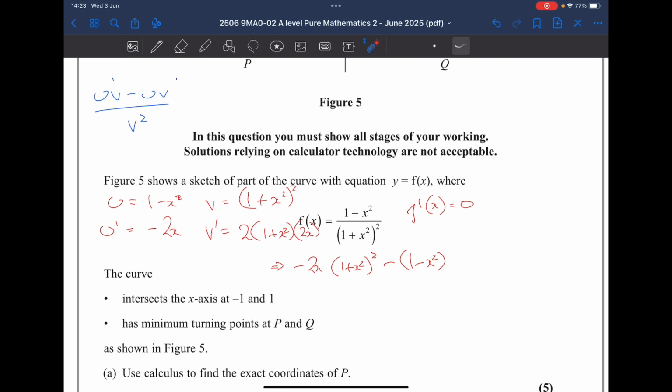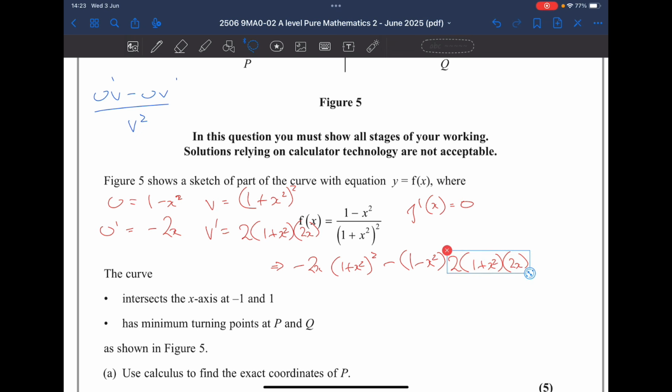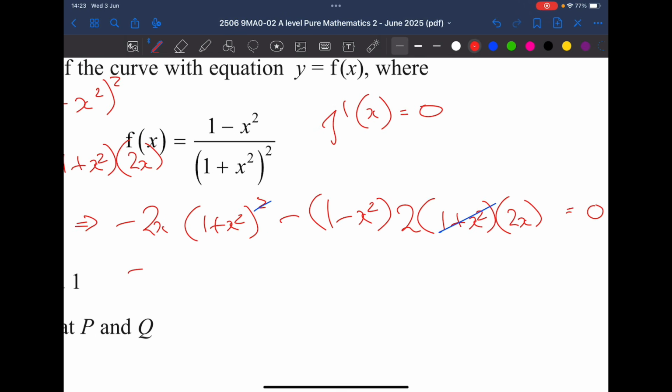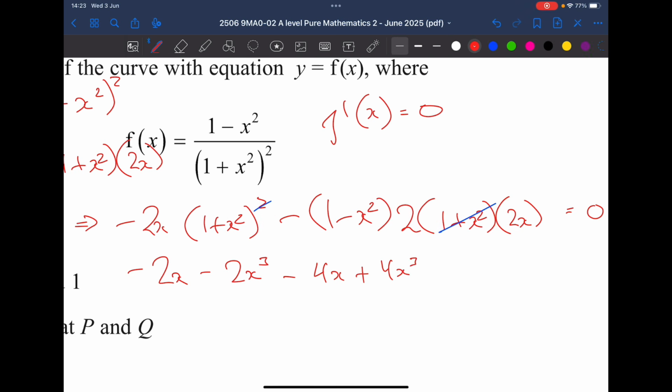So we have, let's just double check, u dash v. This is then u, and we need v dash. Let's just duplicate that. Lovely. That thing equals 0. One bracket there is gone. So this left-hand bit minus 2x times by 1, and then times by x squared, so minus 2x cubed. This bit, I've got 4x times this stuff, so it's minus 4x, but then positive 4x cubed equals 0.